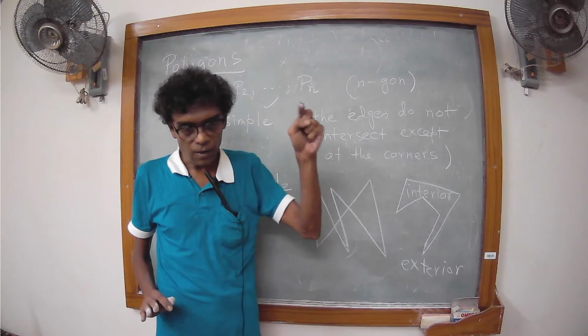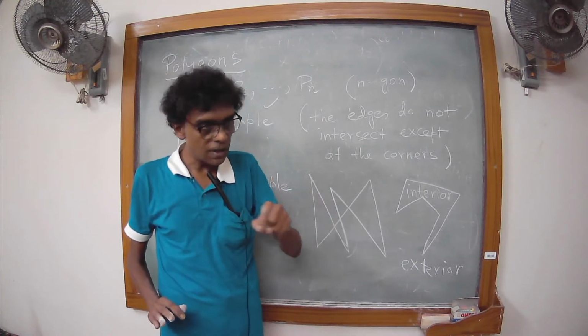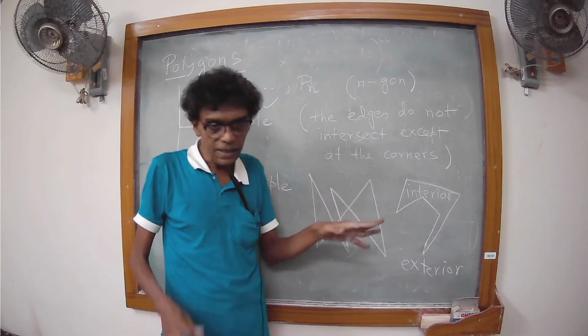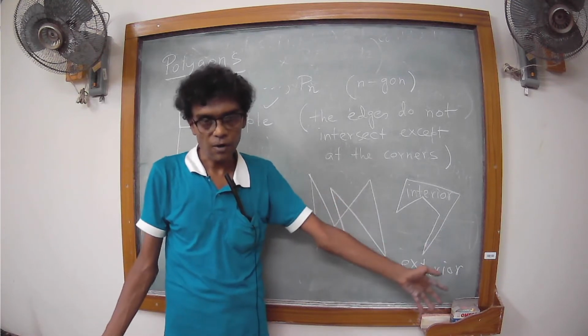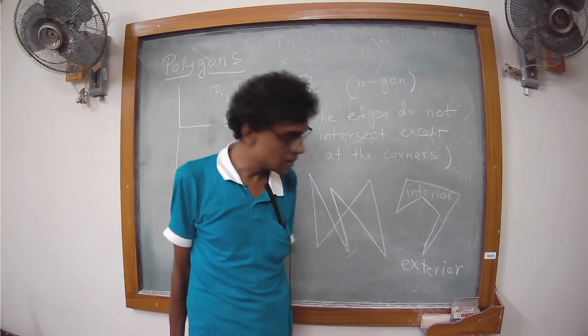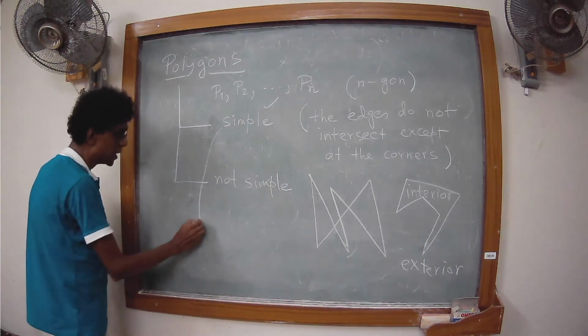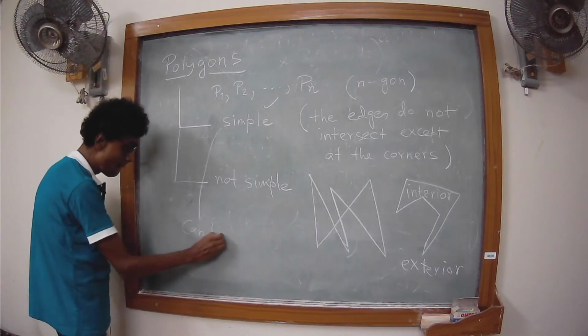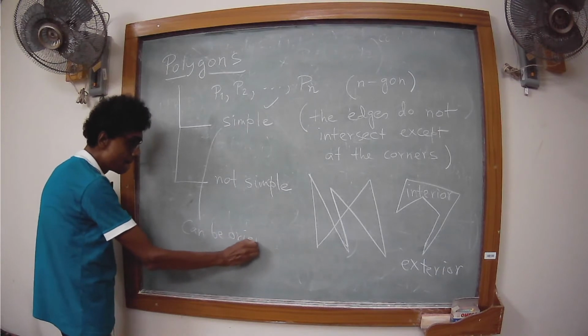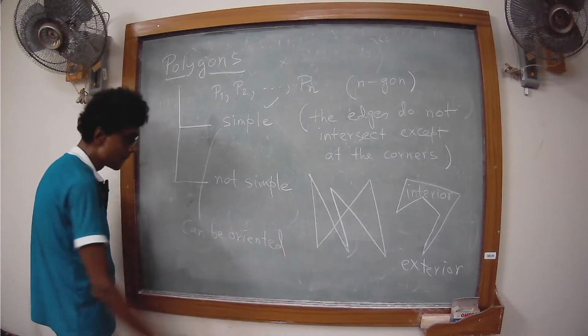Okay. If I move along the boundary, whether the interior lies to my left or to my right. Okay. So simple polygons can be oriented. Okay.